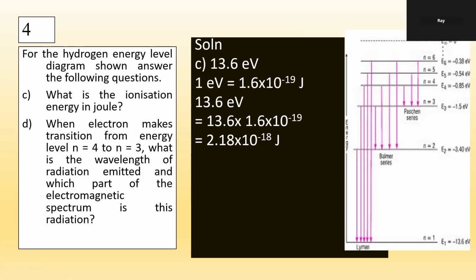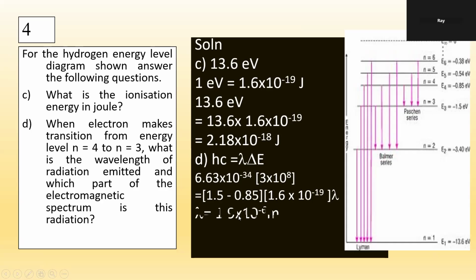Calculate it out. The formula is hc over lambda equals delta E. 1.88 times 10 to the power negative 6.